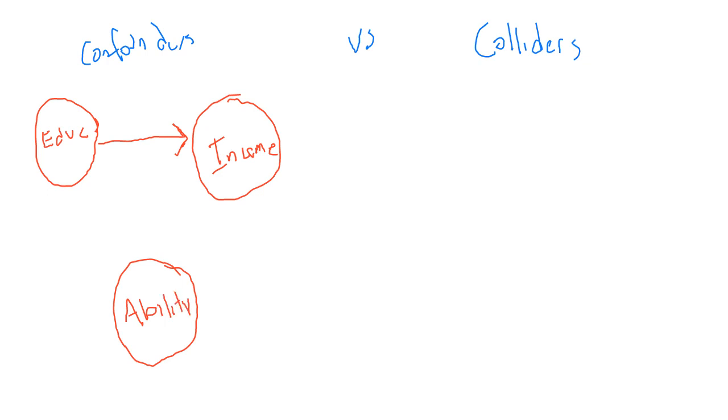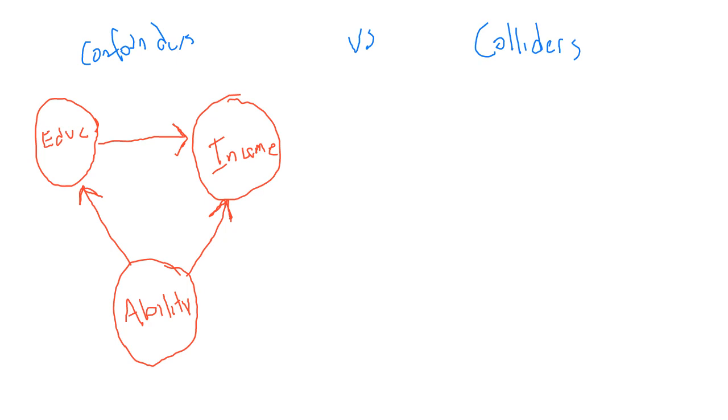And if we want to think about the direction that causality is going, ability causally affects the level of education you're able to get. It affects your grades, affects whether or not you can get into college, whether or not you can finish, stuff like that. And ability affects your income. You're a better worker, you get more promotions, stuff like that. Okay, and so we say ability is a confounding variable for the education-income causal relationship. All right, and if you have a confounder like this, where it causally affects both education and income, you ought to control for it in a multiple regression model.